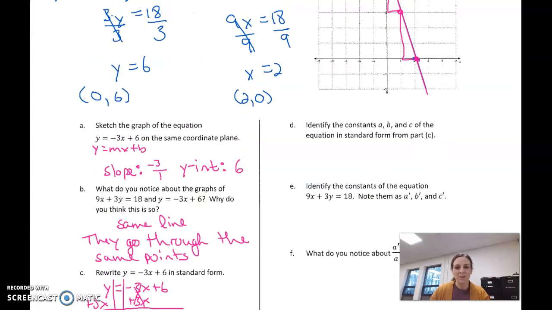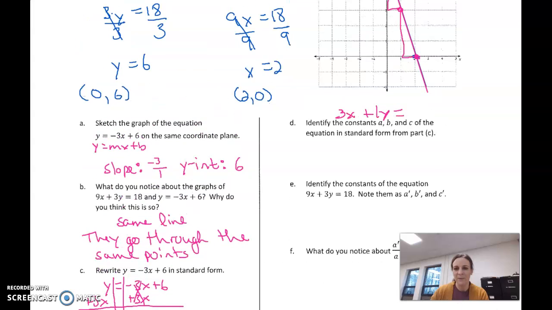Okay, so identify the constants a, b, and c of the equation in standard form. All right, so what we just came up with was 3 times x plus y, I'll put it as 1y, equals 6.